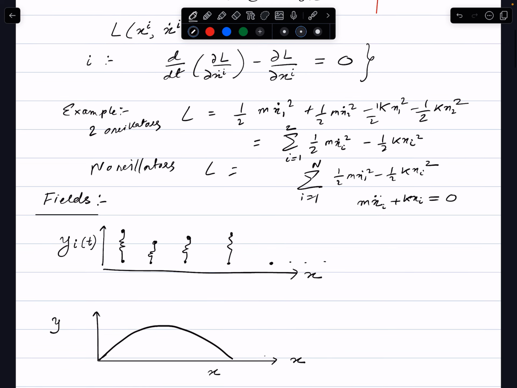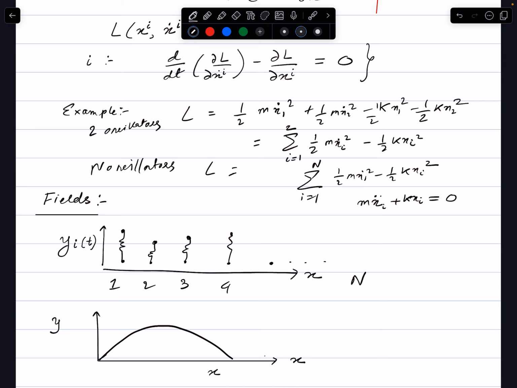So now, what is a field? To understand a field, first let's consider the same picture of many harmonic oscillators, and suppose they are all in the y direction, and they are placed along the x direction, as this is the first oscillator, second, third, fourth, and so on, n oscillators placed at maybe a constant distance, and they are oscillating along the y direction.